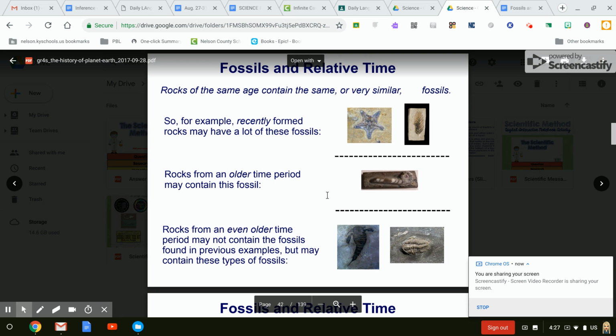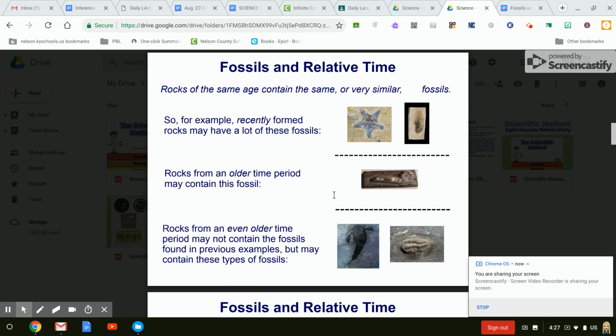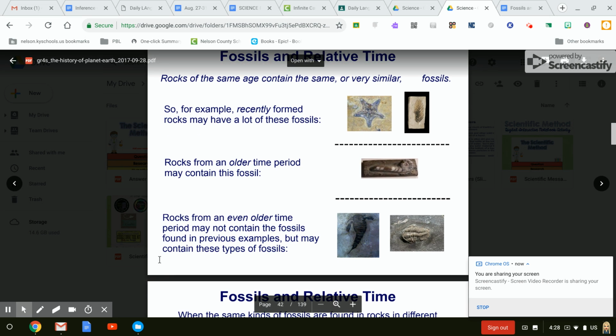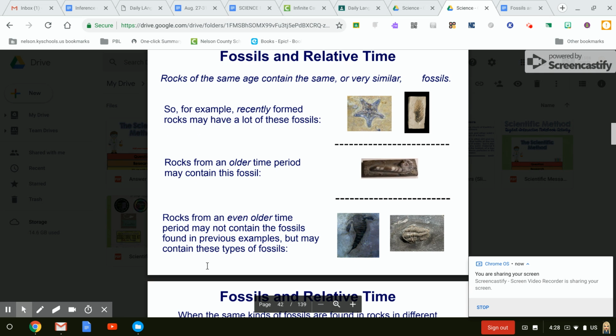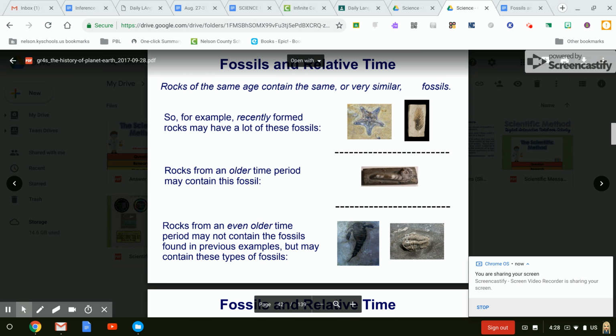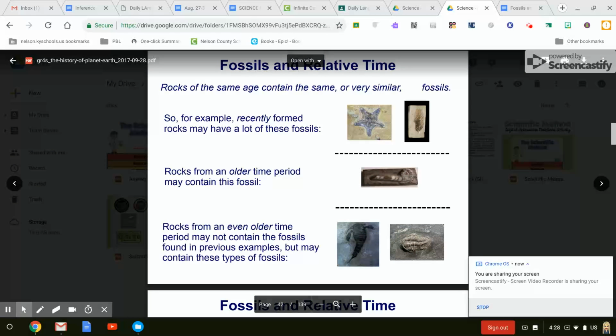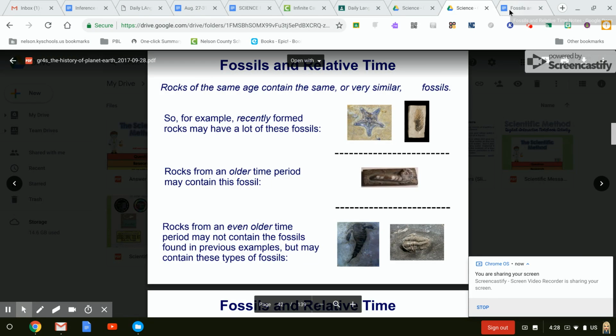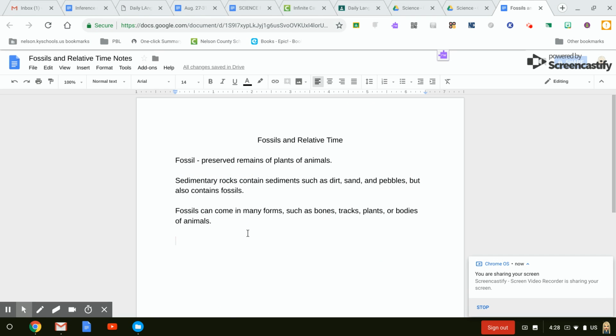And then rocks from older time periods may contain a fossil of something that we're not very familiar with. And then you've got rocks from an even older time period that may not contain the fossils found in previous examples, but may contain these types of fossils. So basically, depending on the age of the rock, you're going to have fossils from different time periods. So I want you to add that into your notes.